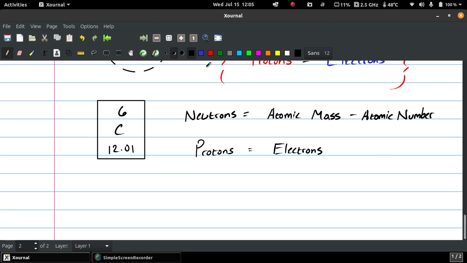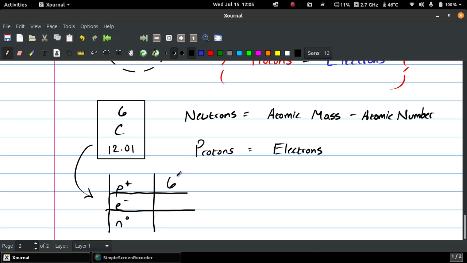So if we made a little chart for carbon, we have 6 protons, and because we have 6 protons, we have 6 electrons.